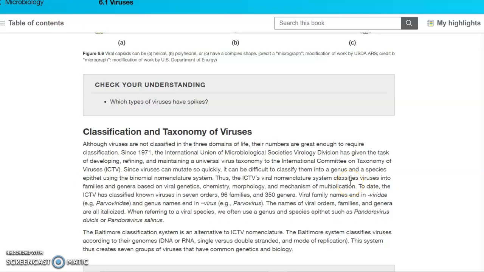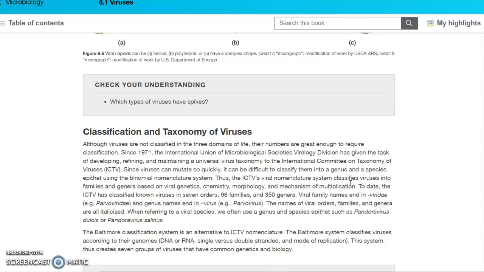There are two different ways that we can kind of classify and organize viruses. We do need to have a way to classify them, even though they aren't considered to be alive. But we have the ICTV, the International Committee on Taxonomy of Viruses, and they have developed a nomenclature system that classifies viruses into families and then genera based on their genetics, what type of DNA and RNA they have, their chemistry, their shapes.